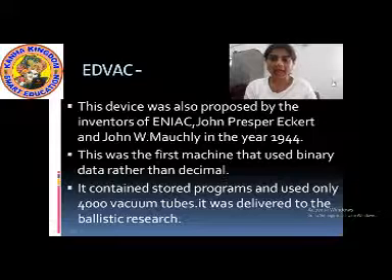And this computer was proposed in the year 1944.